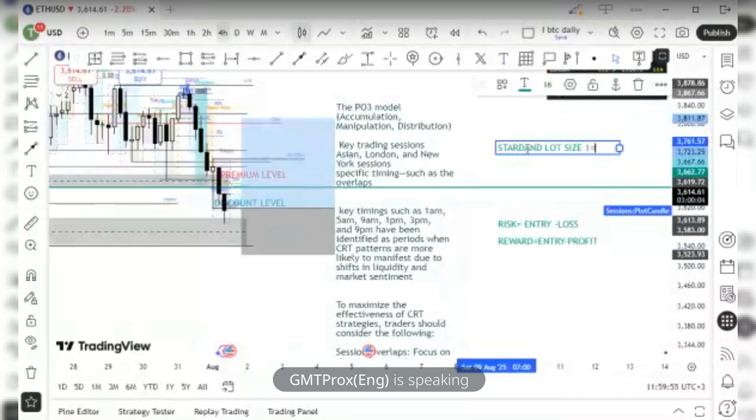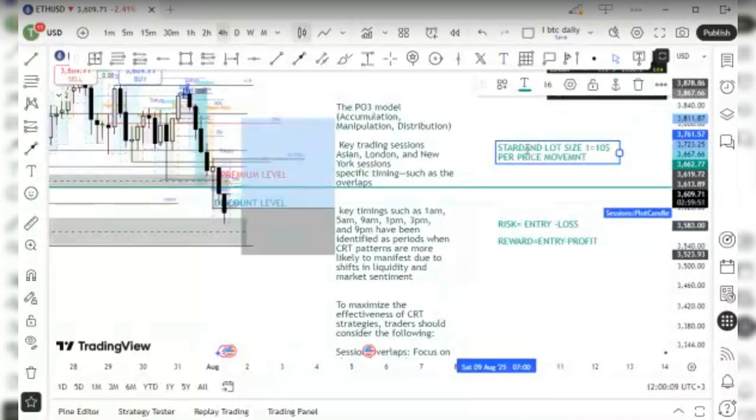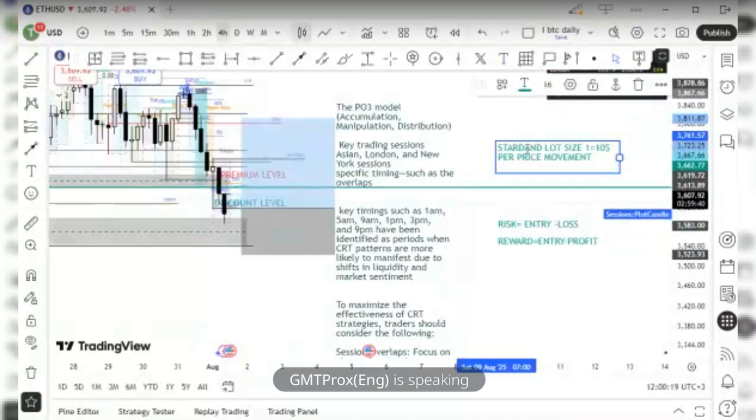If you convert this into dollars, this is $10 per price movement.